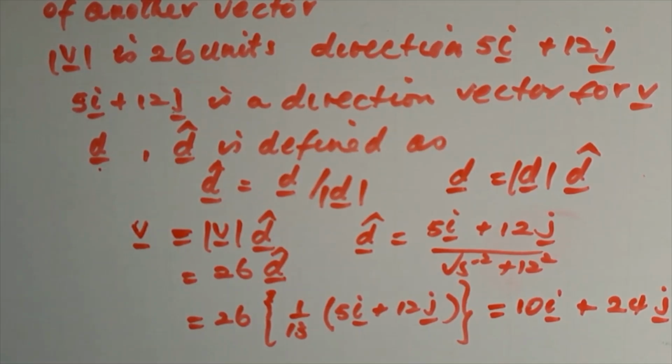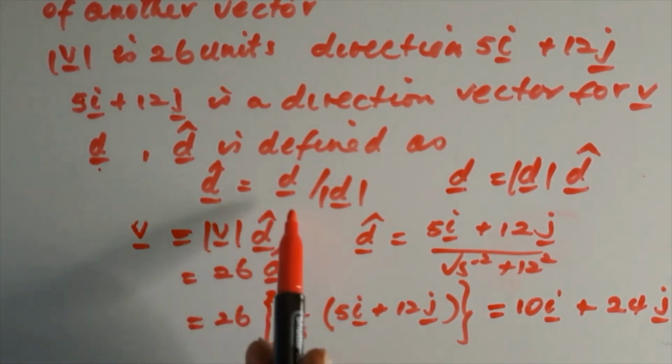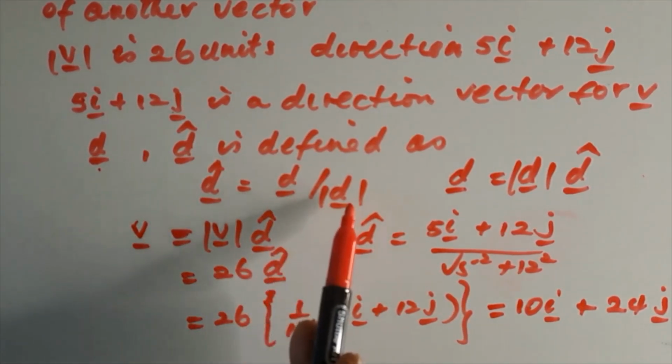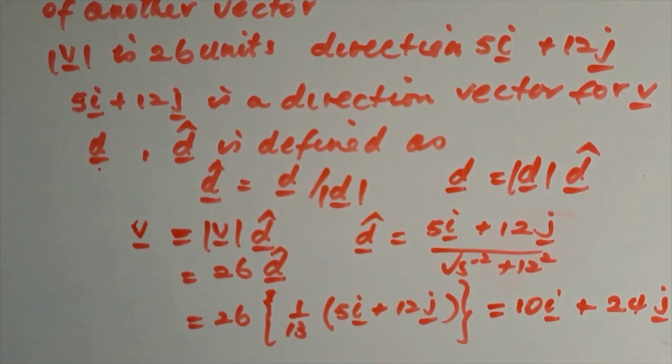Just to recap, we first were given the magnitude of the vector, 26 units, in the direction 5i + 12j. We assigned the direction to a vector called d, and we know that the unit vector d hat is defined as the vector d over the magnitude of d.